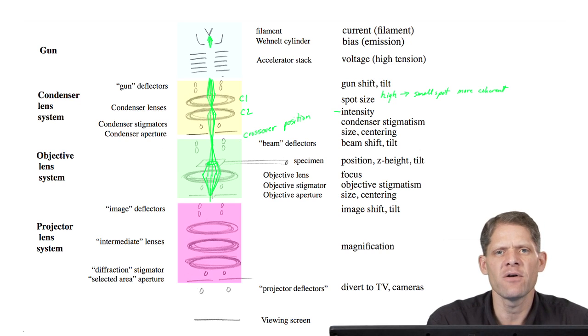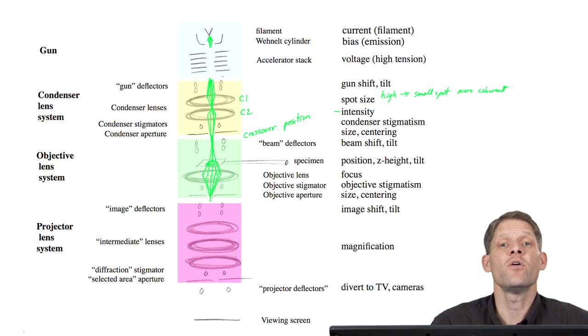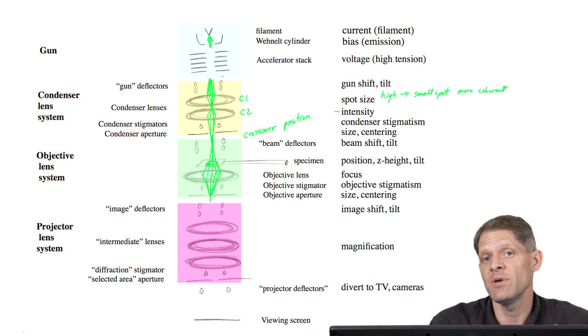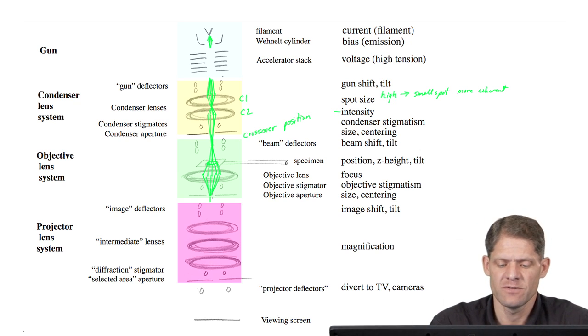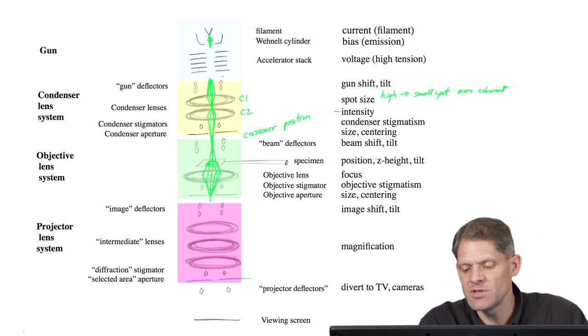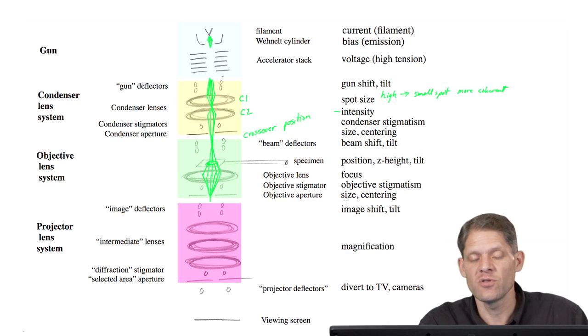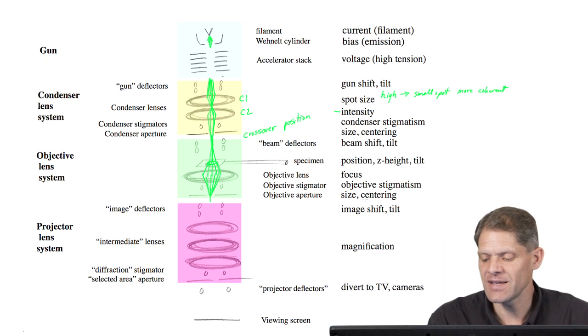And we'll talk more about why you would defocus the microscope or keep it closer to focus. It's very important for image formation. Again, unsurprisingly, the stigmation applied by the objective stigmator is controlled by the knob's objective stigmatism. And in the objective aperture, you control the size of the aperture and its centering.